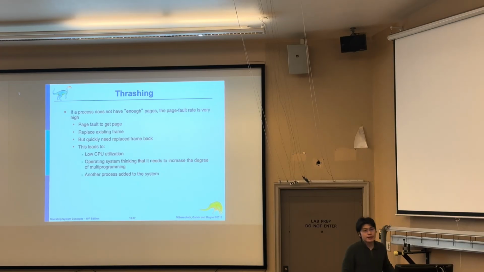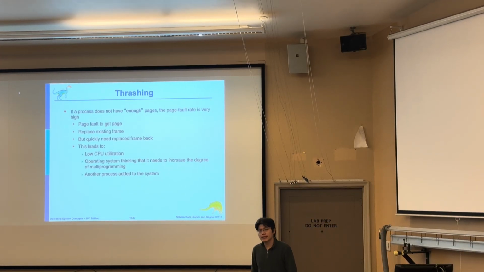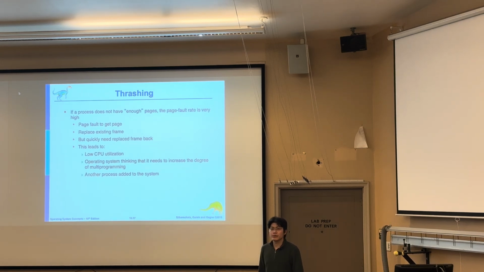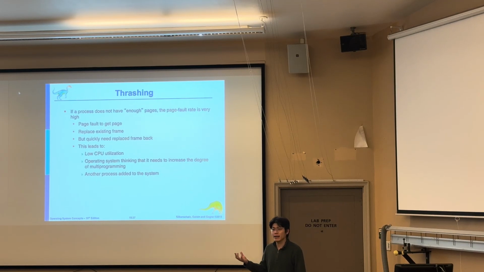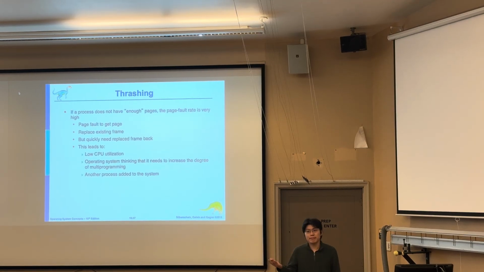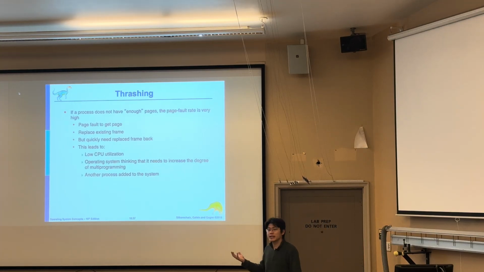So previously we were learning demand paging, which is essentially using virtual memory as a cache for external storage. Right? So you have a bunch of processes in your computer, and they are using more memory than what your computer really has. The physical memory your computer has might be 4 gigabytes, but you have a bunch of processes, and their combined memory usage might be 20 gigabytes, for example.